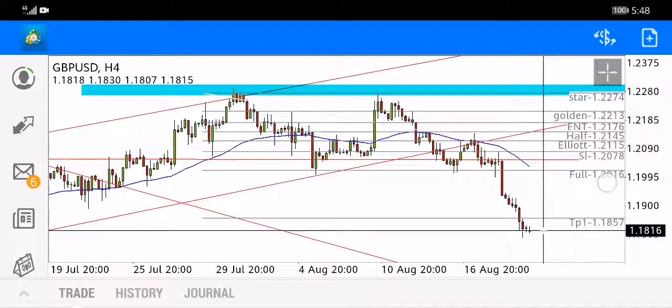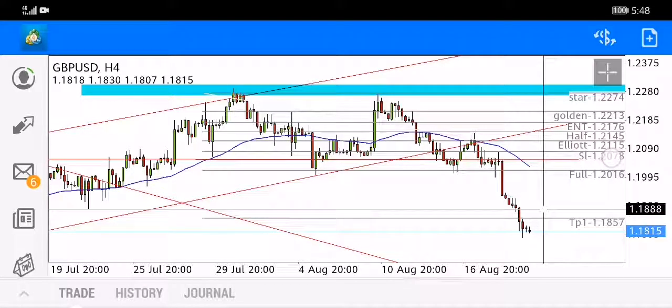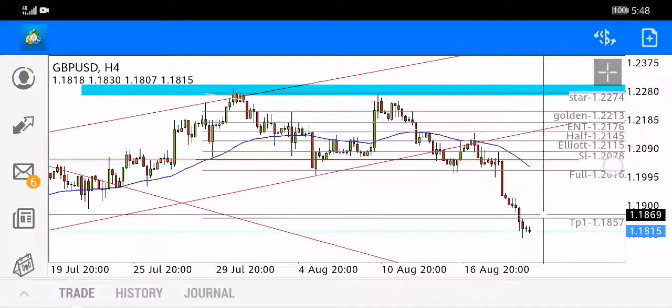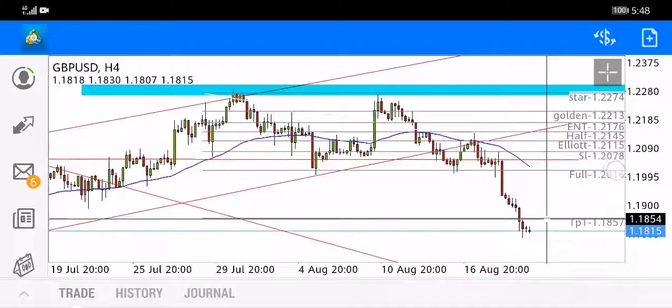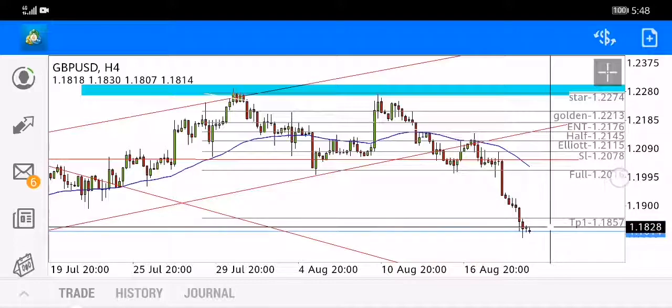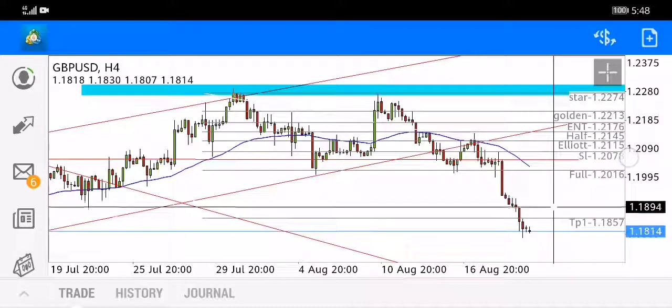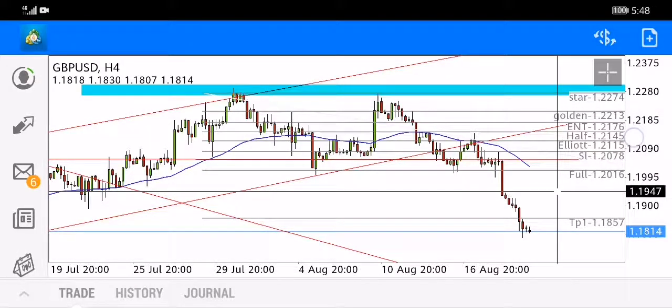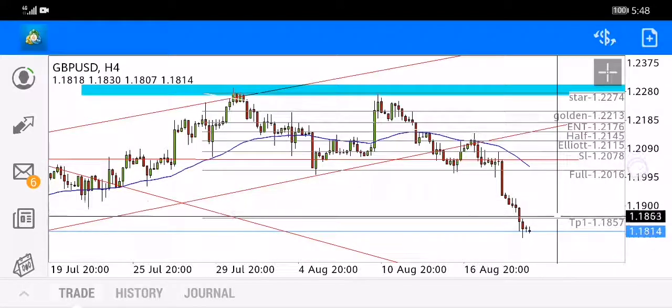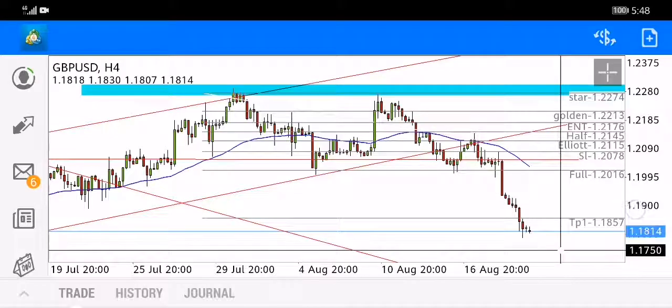So what happened for the sellers? Sellers have the ability to take the sell entry from 1.1857 when the market retraces in the upside direction. Then they take the sell entry, and if the market goes toward the 1.1950 level or 70 level, then there is almost a beautiful sell opportunity.